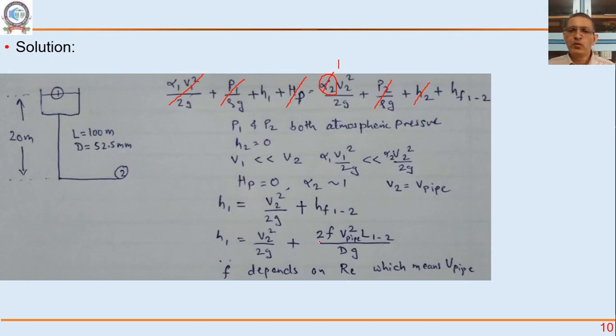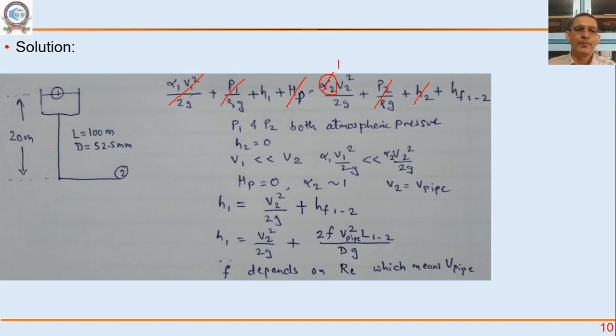HF we can write as 2f V square, velocity in the pipe. So velocity in the pipe and velocity at 2, they are the same. At steady state, water is not accelerating because it is opposed by frictional force at the wall. So just like we had pressure difference balancing out the friction at the wall, therefore water flowed at steady state, did not accelerate.